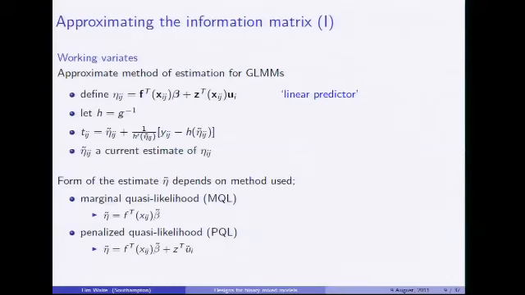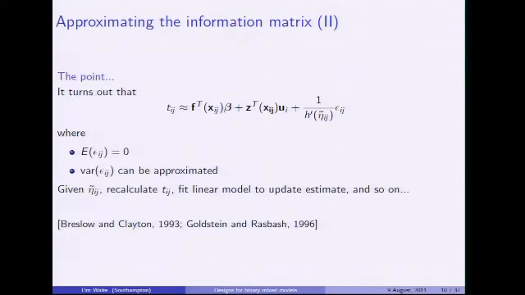For penalized quasi-likelihood, you worry a bit more about these random effects. So you actually use a prediction of those random effects as well as an estimate of the betas. And the idea is that that's supposed to work better if your random effects variance is reasonably large.